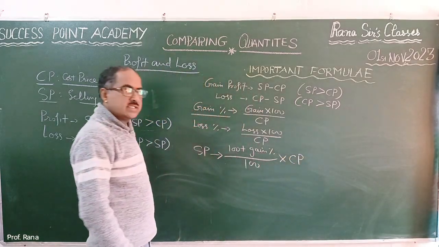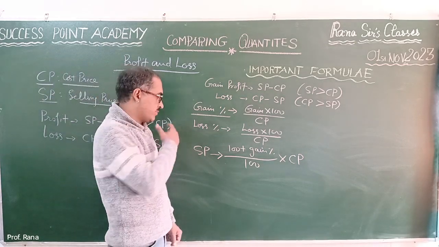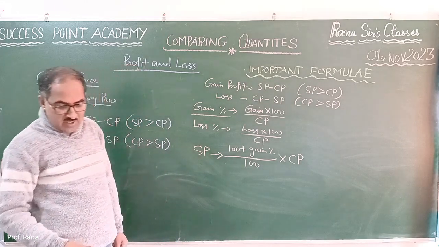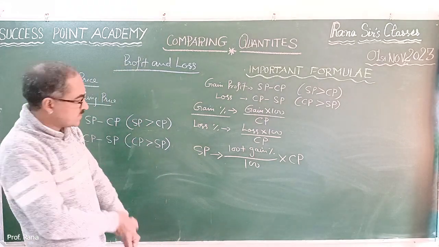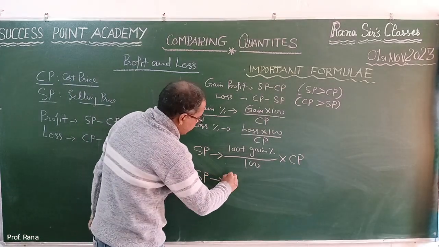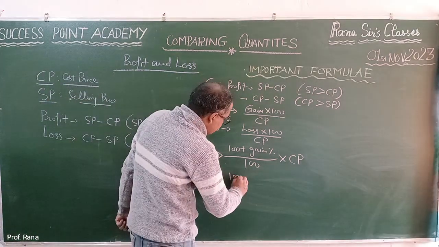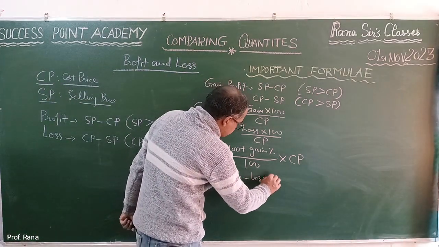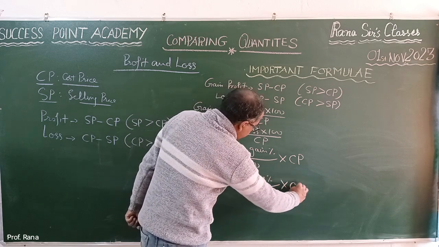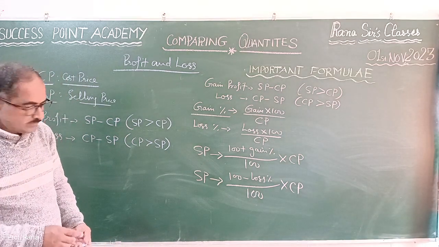Then you will apply this formula. But if cost price and loss percentage are given, then how will you calculate selling price? It will be nothing but 100 minus loss percentage upon 100 into the same cost price, right?